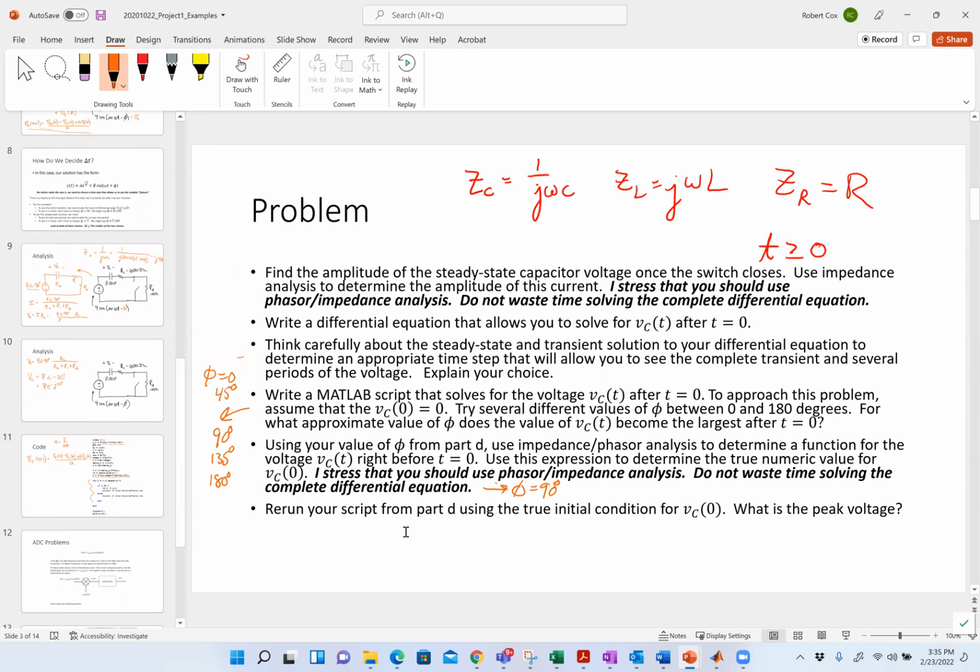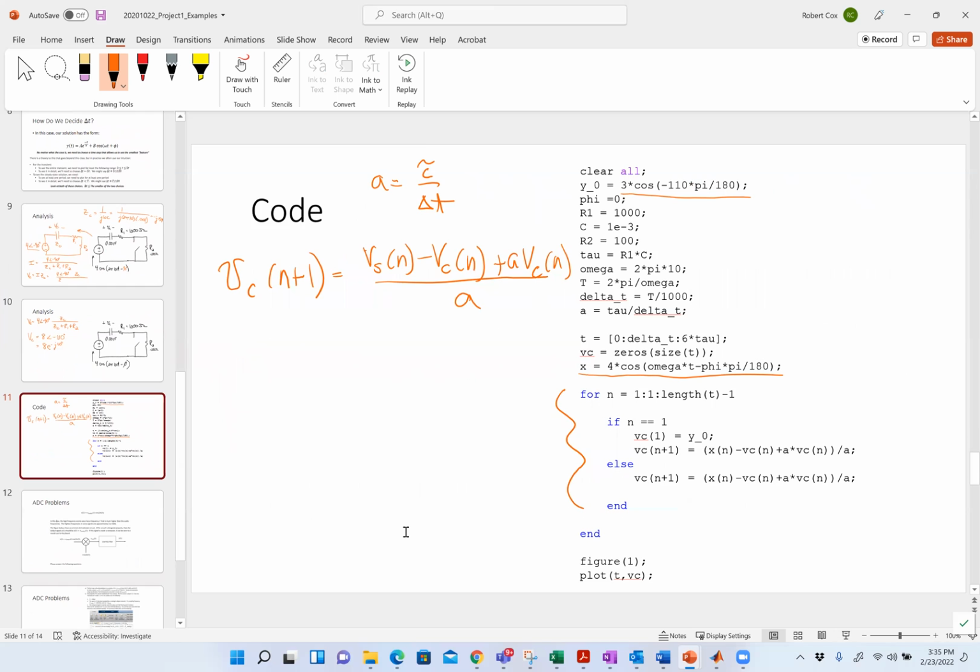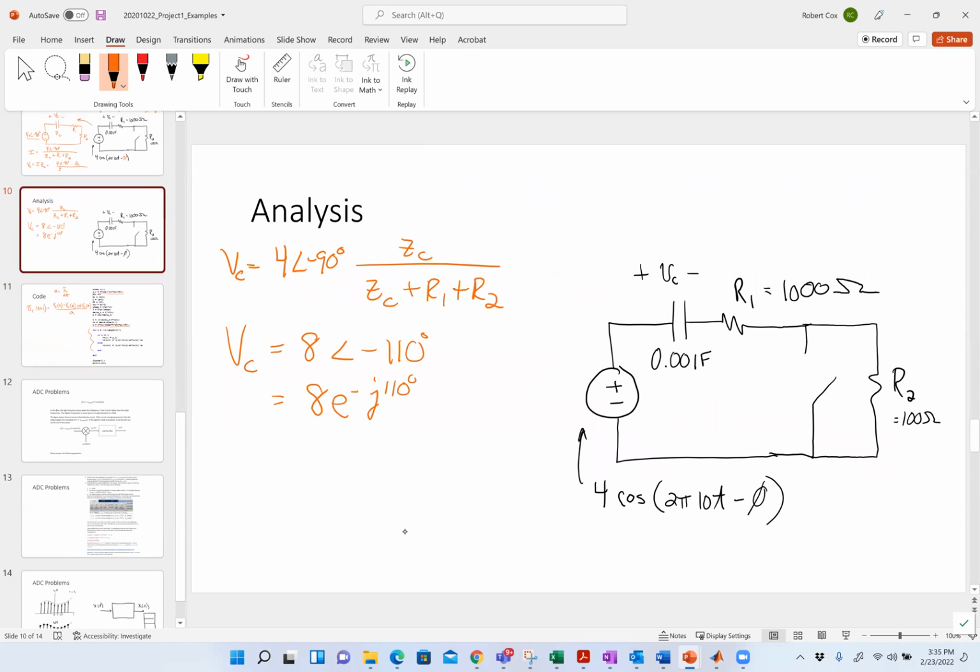If this is the static phasor I solve for, what is V sub C of t? What's my cosine? What's my omega? 2 pi 10 t minus 110 degrees.